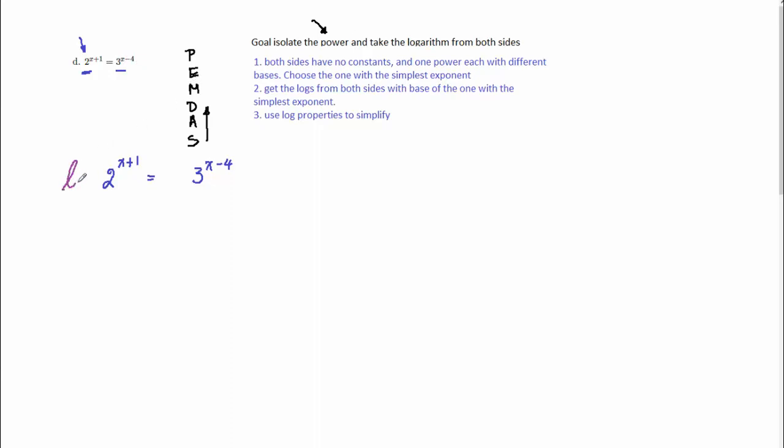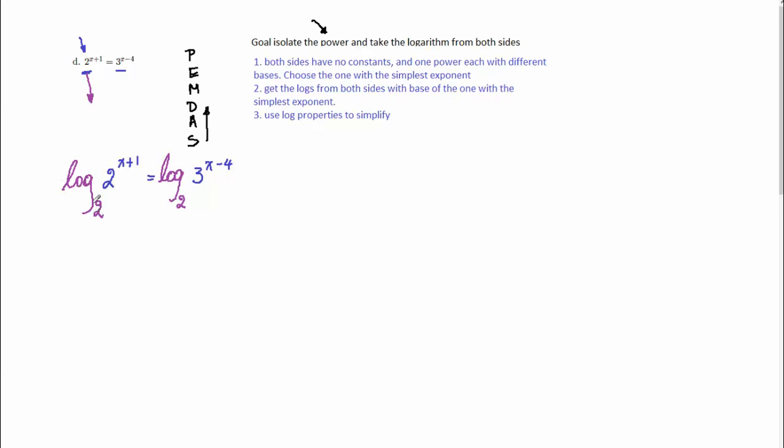So I take the log right here from both sides, and remember that we need to have the same base, and I have chosen the number 2. Again, you can choose any of the two. Usually it works better if you use the one that has the simplest exponent.